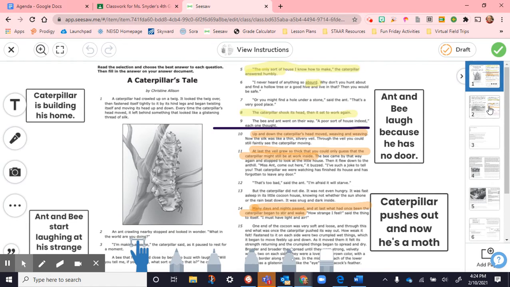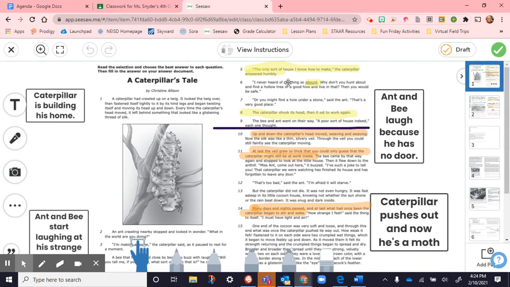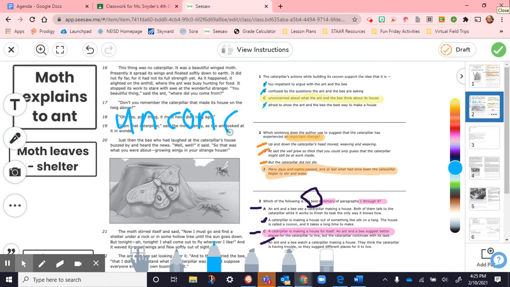So we wanted to feel very confident that, when we said this, we had evidence to back up our statement that C is correct. So when it says that he's unconcerned, we talked a little bit about that word unconcerned, and let me write it out. So it's concerned.